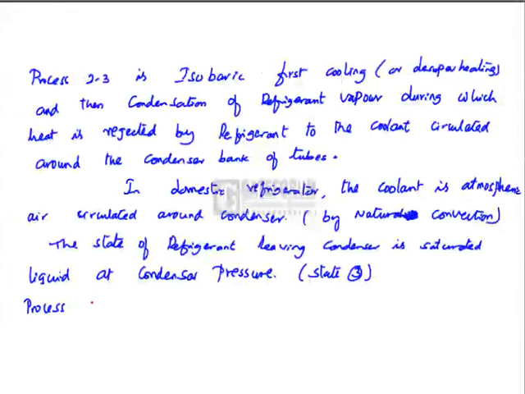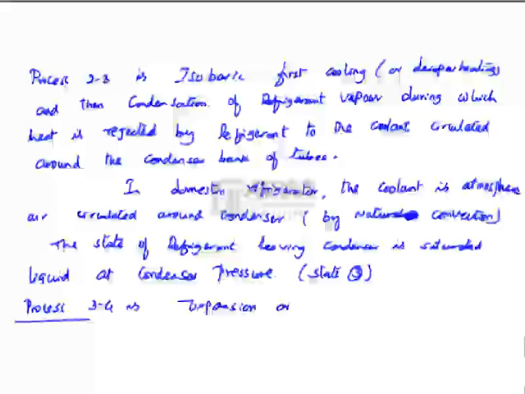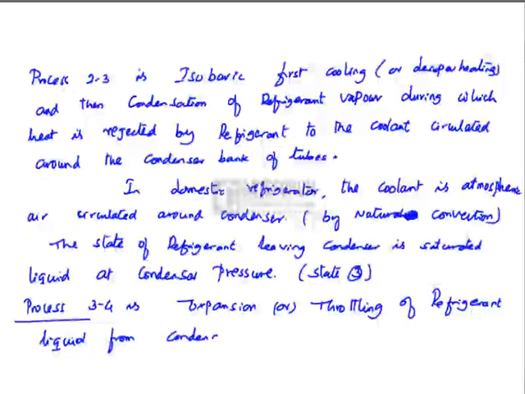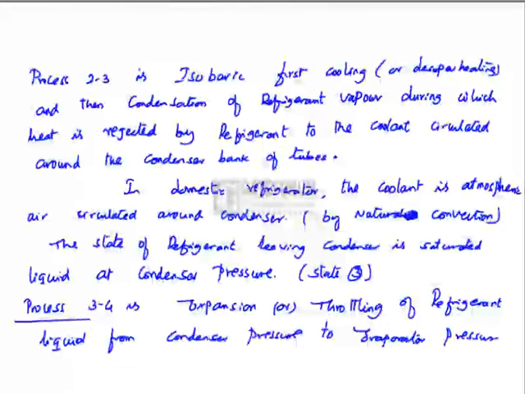Process 3 to 4 is expansion or throttling of refrigerant liquid from condenser pressure to evaporator pressure.